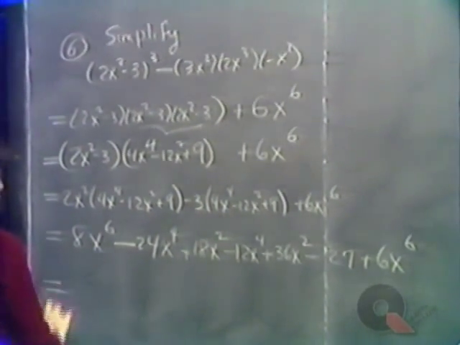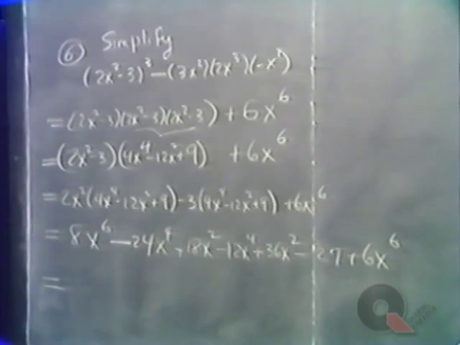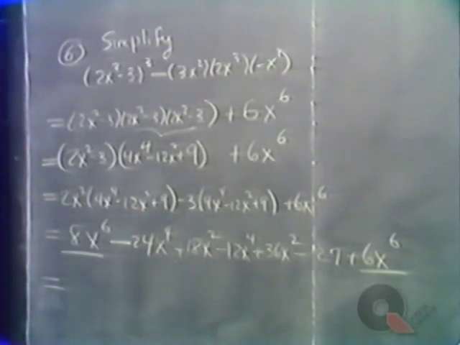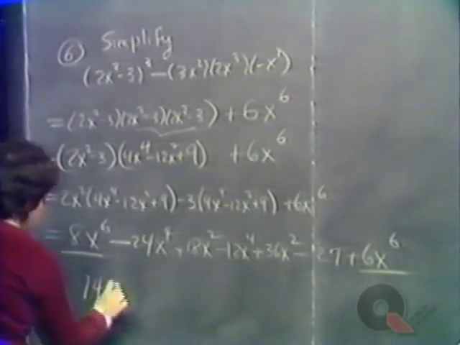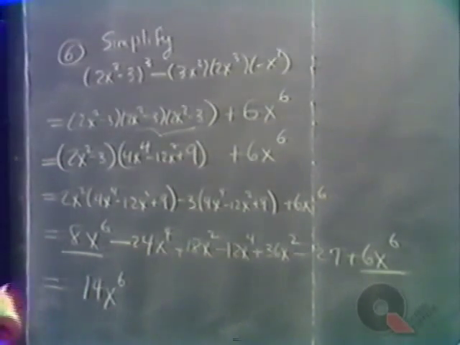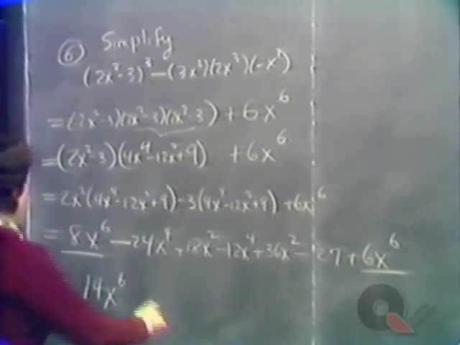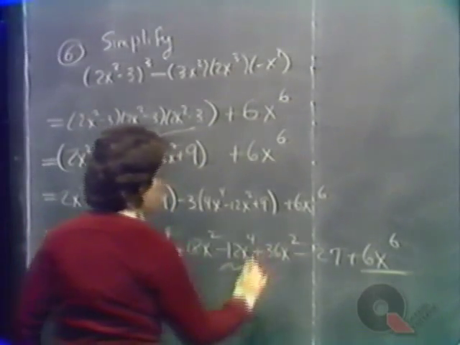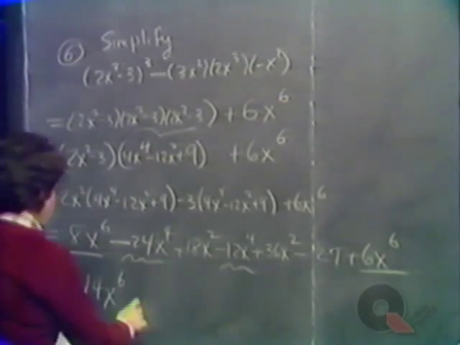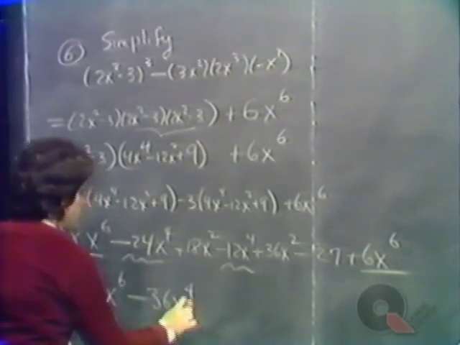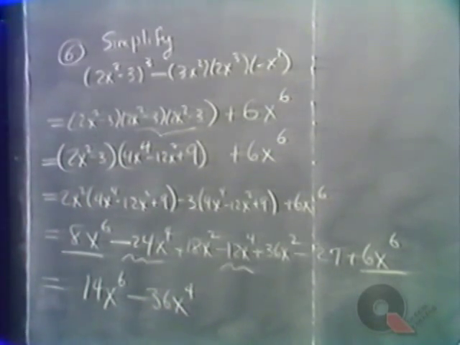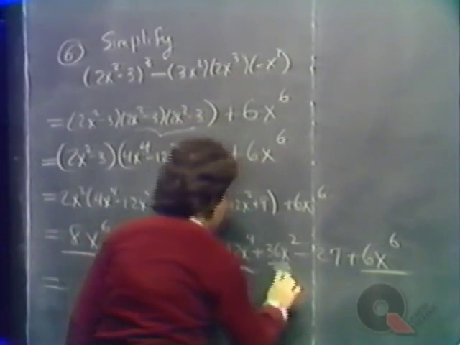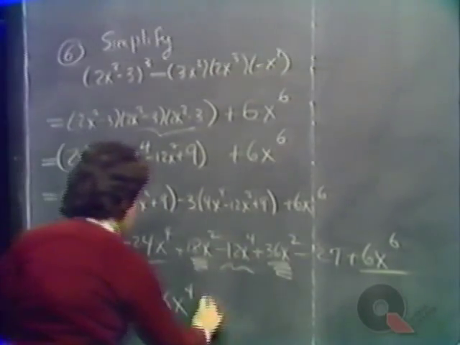Now we would like to combine the like terms. Let's see what we have for x to the 6th. We have 8x to the 6th, 6x to the 6th, for a total of 14x to the 6th. Let's see what else qualifies as like terms. We have minus 24x to the 4th, minus 12x to the 4th for minus 36x to the 4th. 18x squared and 36x squared for a total of 54x squared.